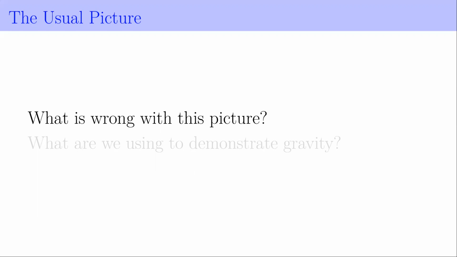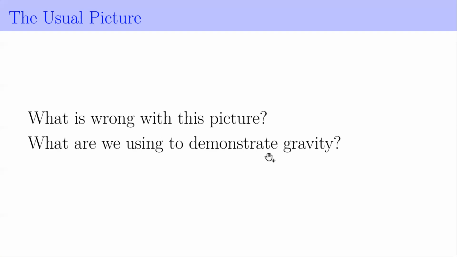That is certainly inaccurate, but one of the things that's inconsistent about it is that we're using gravity to demonstrate gravity. We're placing the whole system in a gravitational field that's pointing downward. "Right." Okay, so that's inconsistent to begin with.